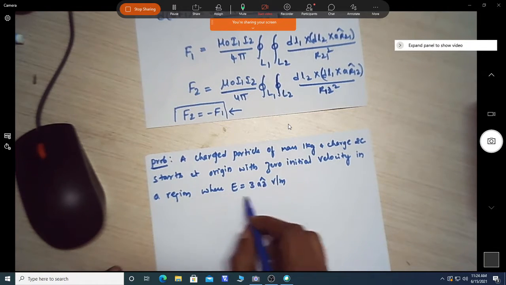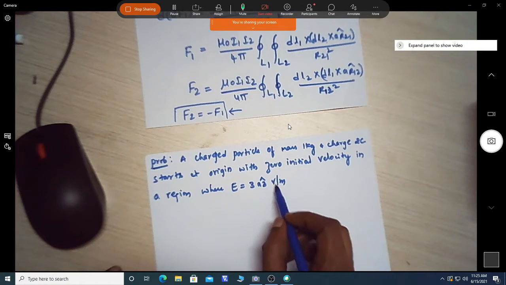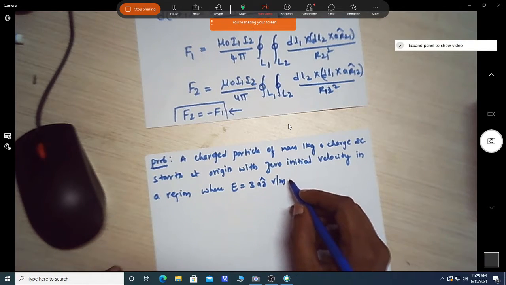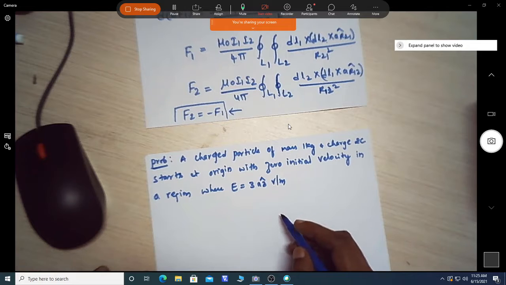So in that region we have the electric field 3 into Az, and the charge with mass 1 kg and charge 2 coulomb starts with zero velocity.